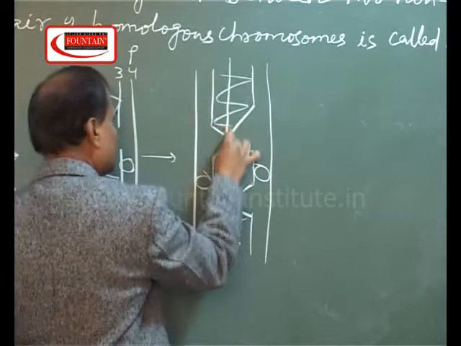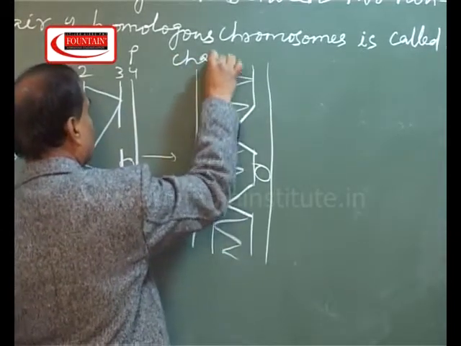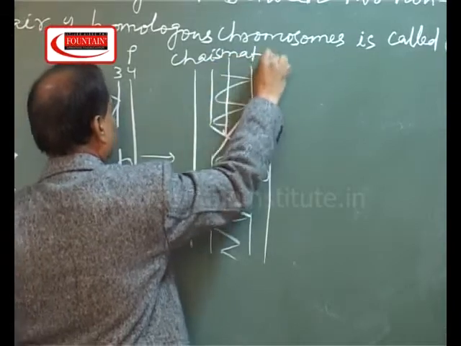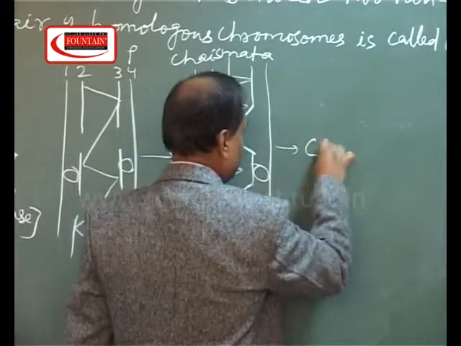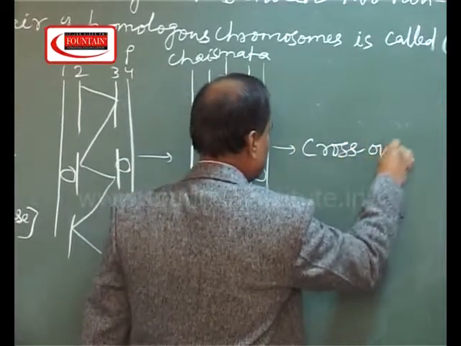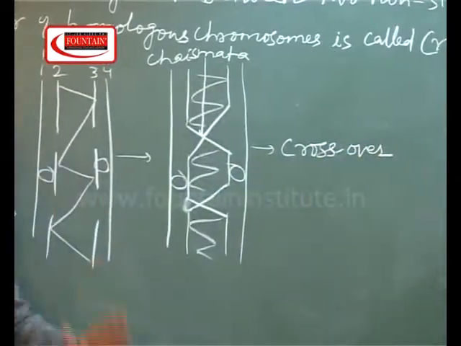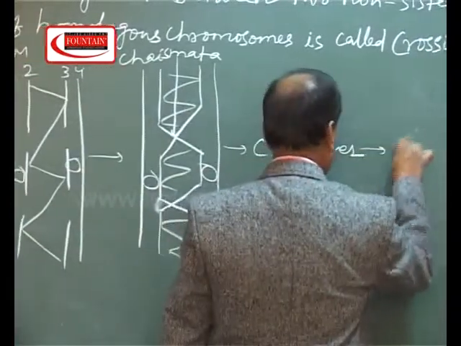This cross-like structure is called chiasmata, and from here crossing over occurs. This crossing over results in genetic recombination.